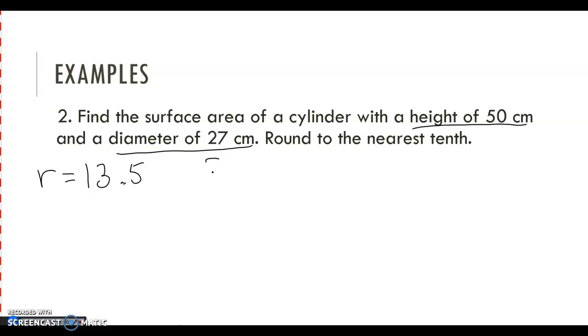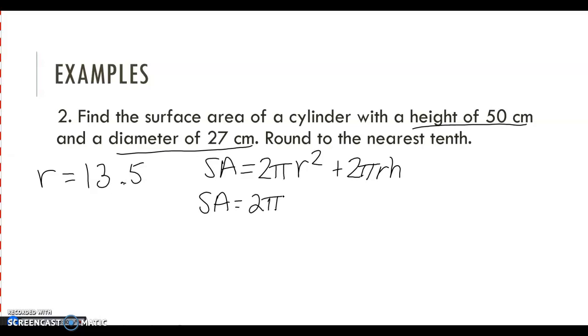So now we're going to find the surface area. So 2 pi r squared plus 2 pi r h. Substituting in 2 pi 13.5 squared plus 2 pi 13.5, and then this height of 50.